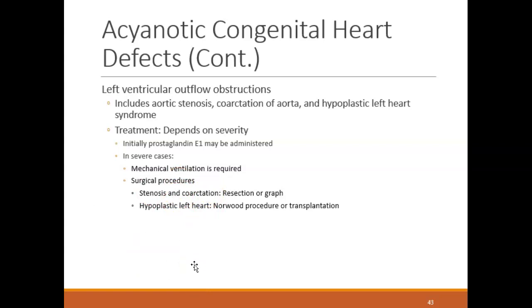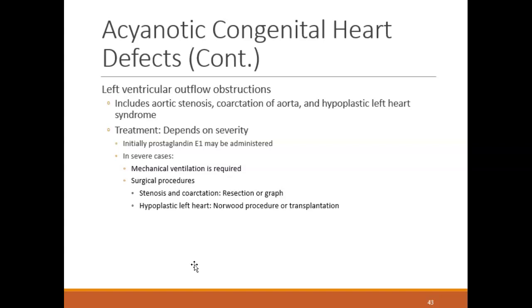All right. You've got your left ventricular outflow obstructions. So these are things that are going to interrupt the blood flow through that aortic arch. Typically one of the main ones is aortic stenosis, coarctation of the aorta is another one, or hypoplastic left heart syndrome.